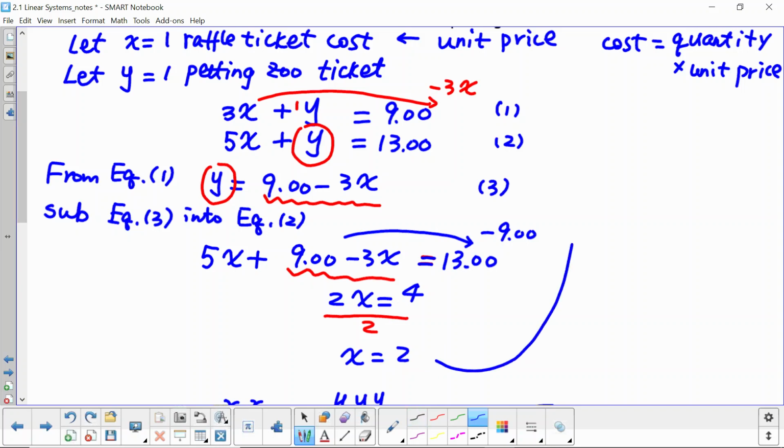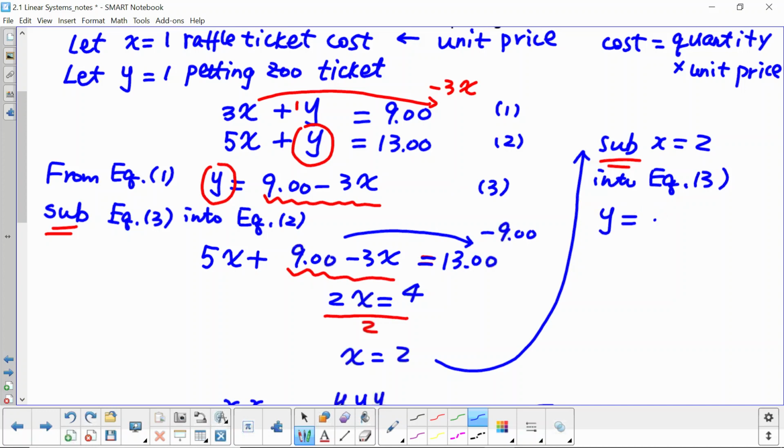Then don't forget, we need to solve for y. We have the y isolated already, so we sub. Remember, you substitute twice. Okay, so sub x equals 2 into equation 3, which you isolated for y. So y equals 9.00 minus 3 times 2.